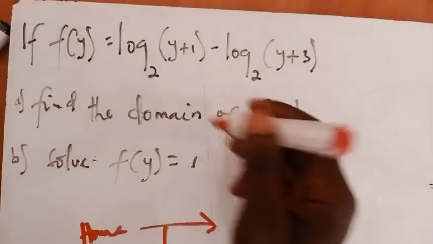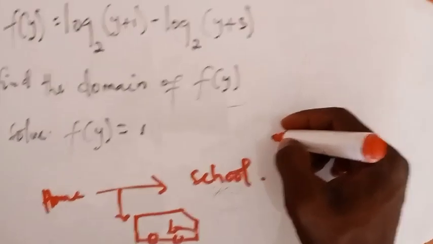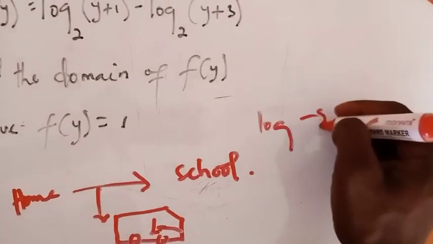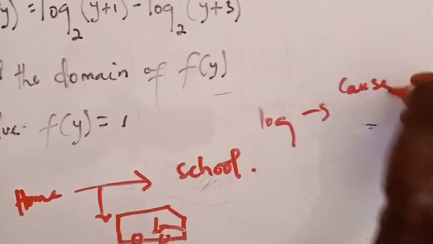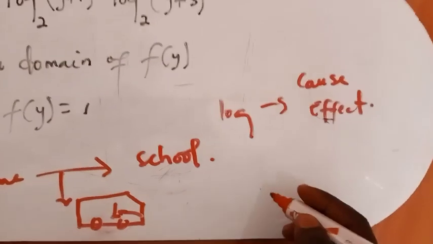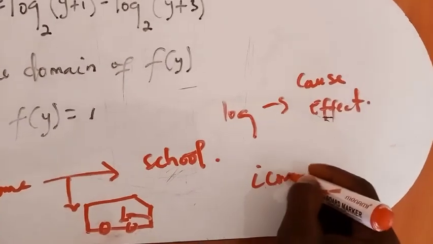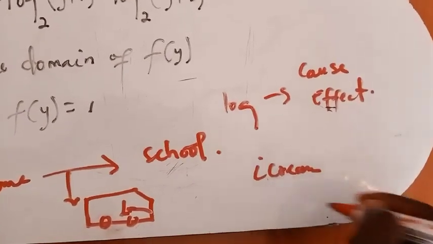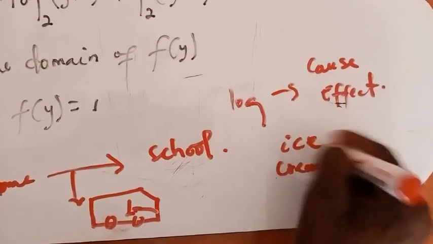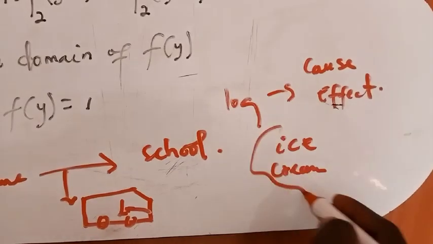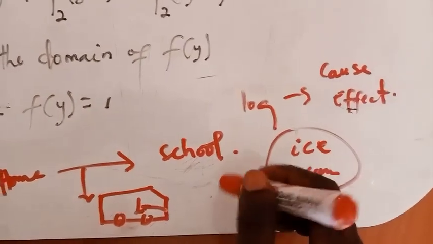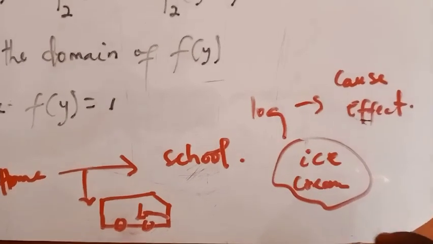But a quick one here is that logarithm helps us to determine the cause or the effect of something. So the cause and then the effect. Let's say you love ice cream, but doing this ice cream requires you to have some raw products.